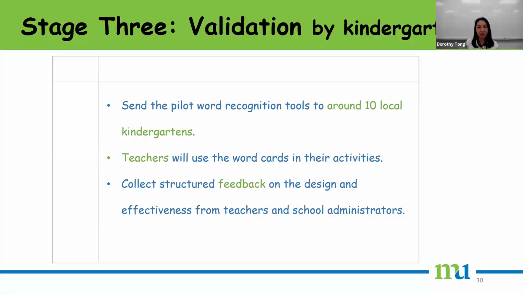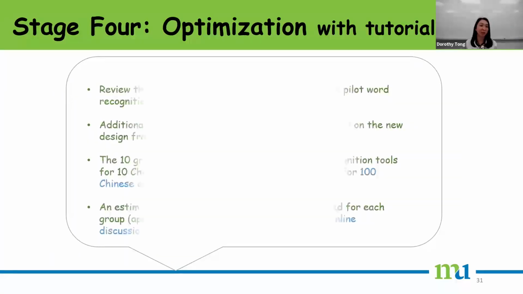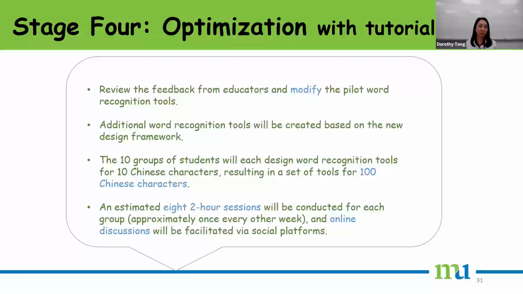And then after collecting feedback from them, we hope that in the spring semester, in the second semester, we look at the feedback from these educators, and then we modify the layout of the word recognition tools.